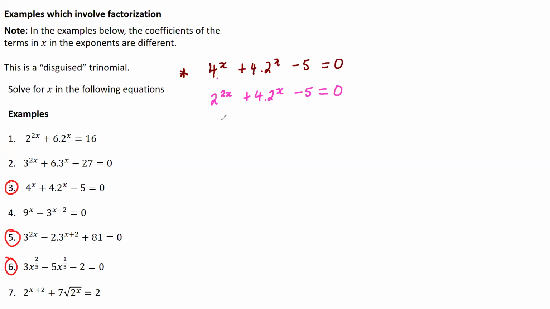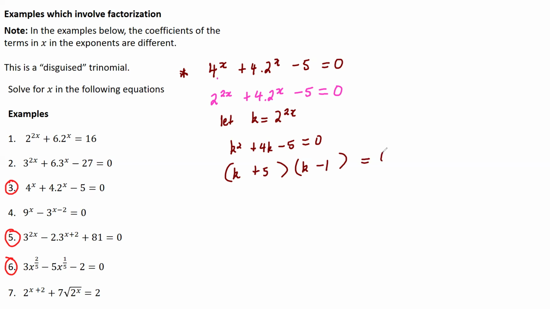Then we say let k again be 2 to the power of x. So that's k squared plus 4k minus 5. I think we're pretty much seeing the whole picture here. So I think that should be a plus 5 and a minus 1, if I'm not mistaken. So it's 2 to the power x, not 2x, to the power x.